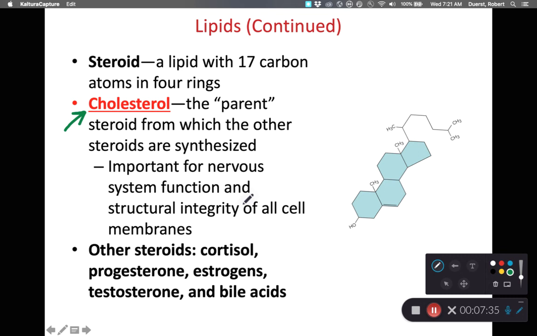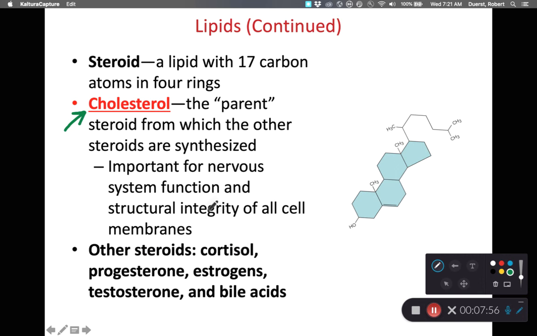Something interesting that happens is even within your own body, as you become cold weather acclimated, you can temporarily or slightly reduce the concentration of cholesterol in your cell membranes. And as you become warm weather acclimated, you slightly increase concentrations of cholesterol within the cell membranes of your bodies.